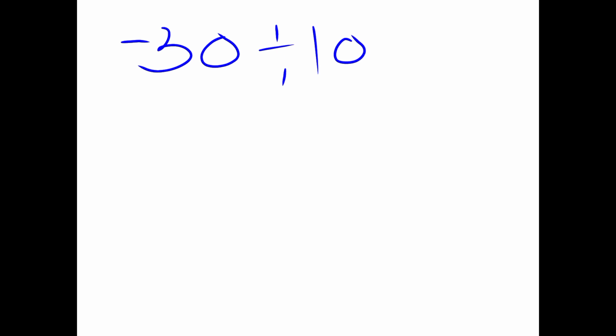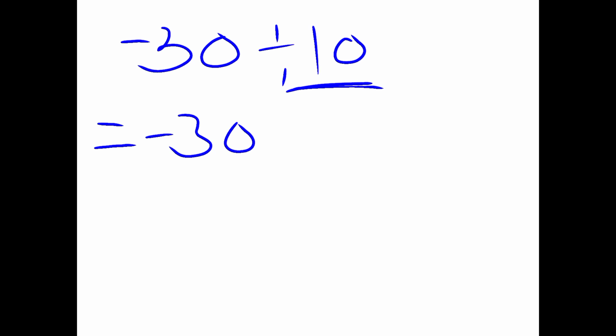Here I wrote the 10. So now the question is, how can this be divided? We can find the solution like this. This is negative 30, and it is to be divided by 10.